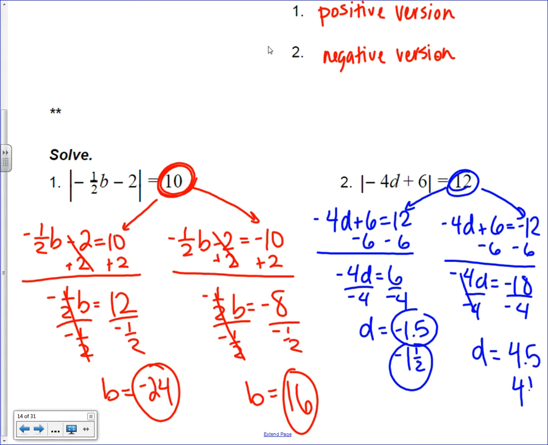As always, I don't care whether you have the decimal answer or the fractional answer. They both mean the same thing.